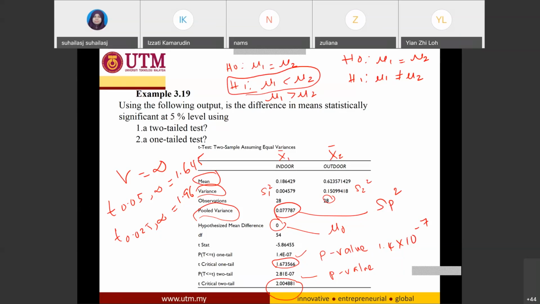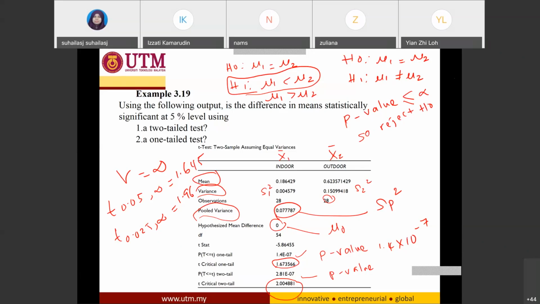When our p-value is less than alpha, in this case 0.05, we will reject H0. Since our p-value is 1.4 times 10 to the power minus 7, which is less than 0.05, our conclusion is that we reject H0 because our p-value is less than alpha. Rejecting H0 means you conclude there is a significant difference between both population means.